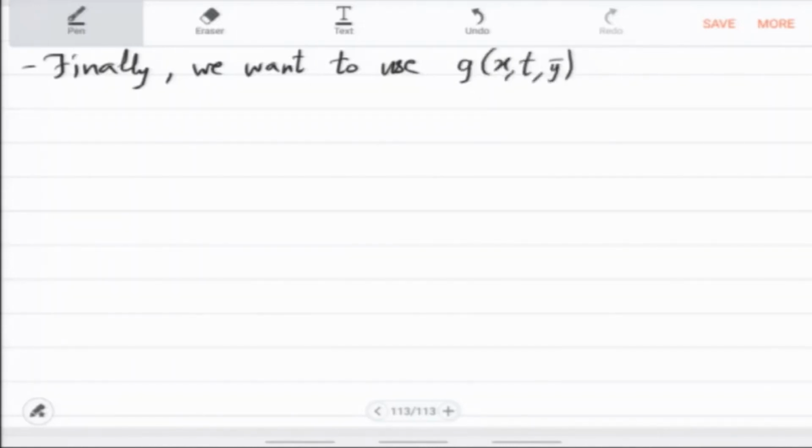So finally we want to use g(x, t, y bar) to factor f(x, y bar, t).